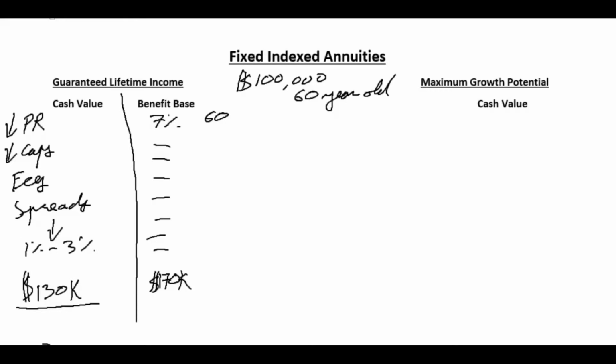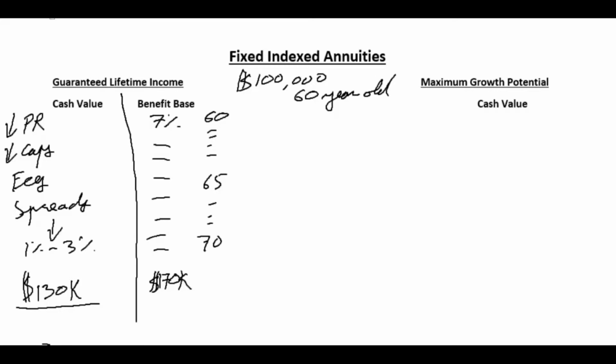And the calculation is as follows. At 60, at 65, at 70, and each year in between, if you activate the income rider, the insurance company is going to pay you a specific percentage. The younger you are, the more time you have in front of you, the more time the insurance company is going to have to pay that income.